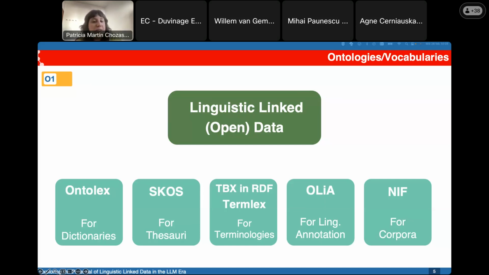For terminologies, we can follow both previous ones and also others, such as TBX in RDF and Termlex. To perform linguistic annotations over corpora, we can make use of OLiA. And to structure corpora itself, we can use the NIF standard.